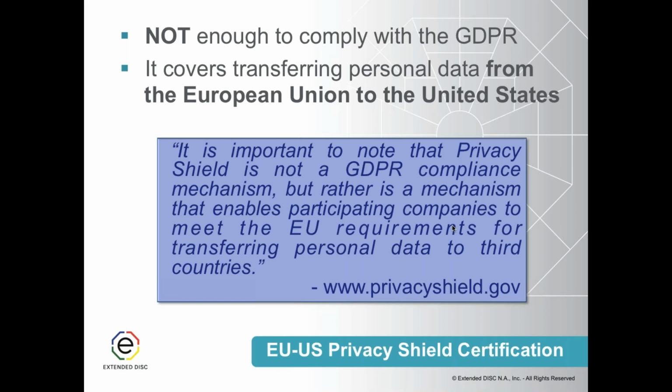Yeah, when it comes to data protection, the way the European Union looks at the United States, they feel that the United States does not do enough, and the word they use is not adequate when it comes to data protection. But in order to facilitate trade between the European Union and the United States, this Privacy Shield was created. But it's only talking about data transferring from the European Union to the United States.